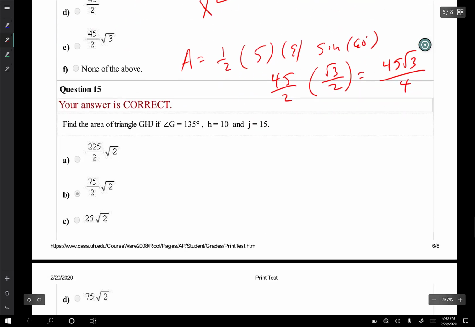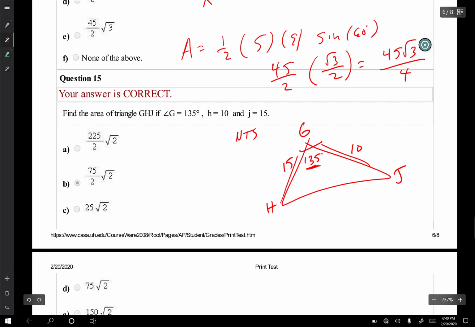Find the area of triangle GHJ. Not to scale. G is 135 degrees. Little h is 10. Little j is 15. Again, they're making it easy for me. This is the angle I need. Here's 15, here's 10. That's everything I need, guys.